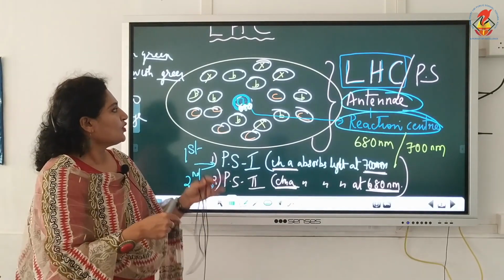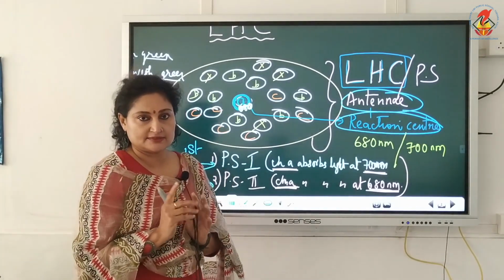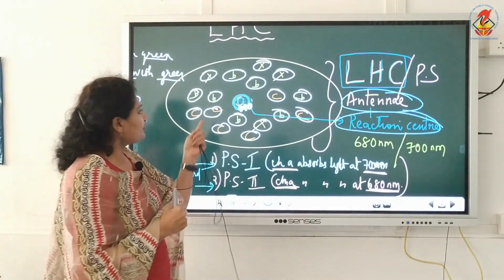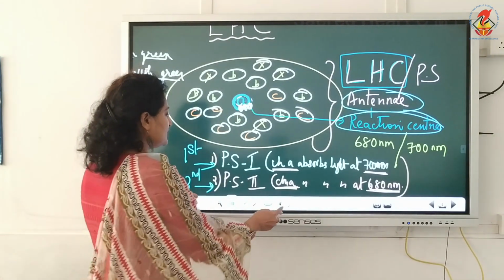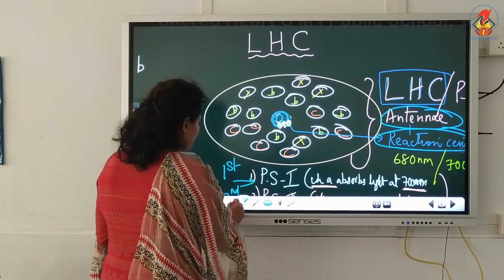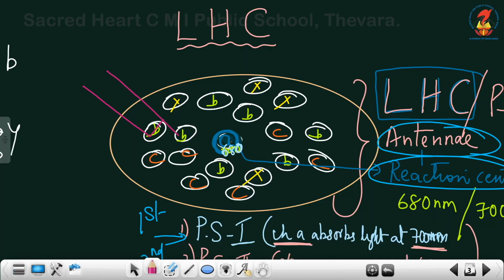Now, as I told you, what is the role of the antenna? Very clearly, the role of chlorophyll A is mentioned, that is, it absorbs light at a particular wavelength. Now, what will be the function of the other pigments in the light harvesting complex? These absorb light at various wavelengths.